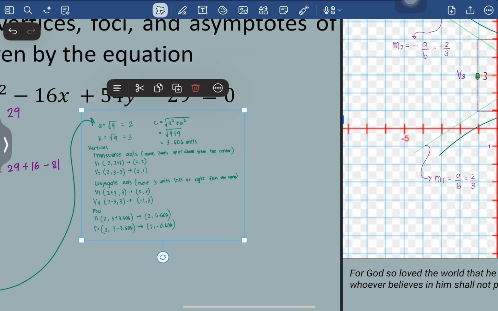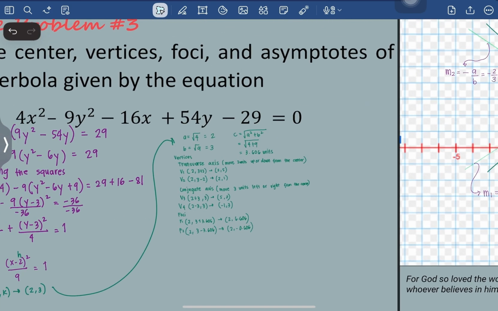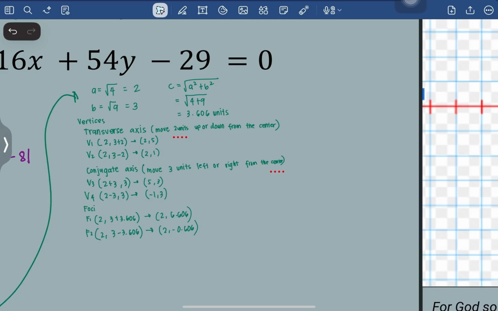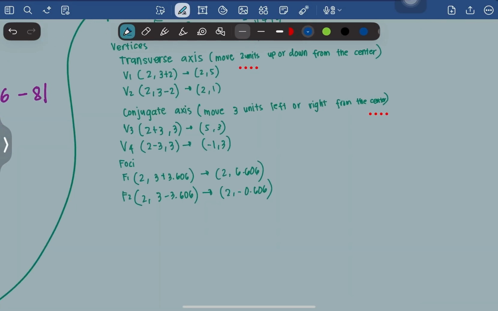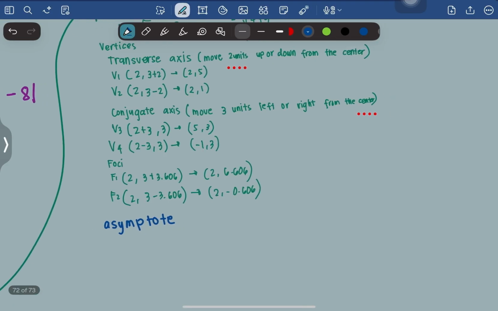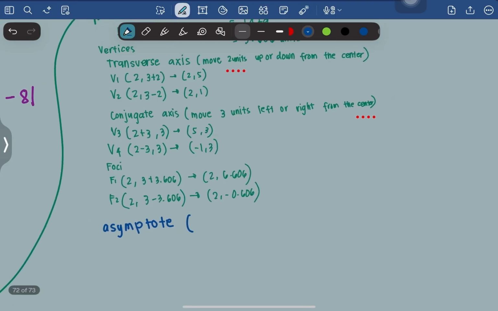Next is the asymptote. So for the asymptote, so basically, it is the equation from a straight line where it passes through the center.